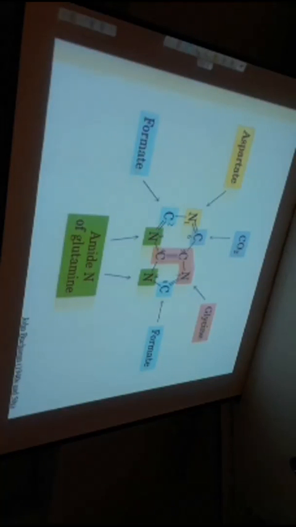And he found that nitrogen number 1 stems from aspartate. Carbons 2 and 8 come from formate, but this is introduced utilizing the appropriate tetrahydrofolate cofactor, and we see that these two nitrogens, nitrogen 3 and 9, come from the side chain of glutamine.